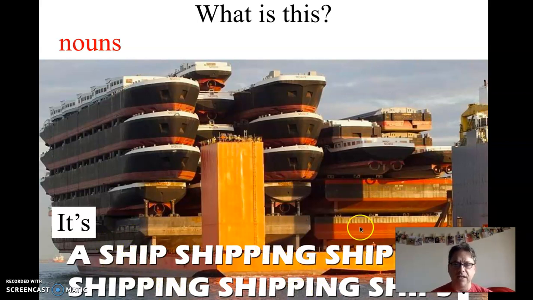So we have this, and we have this. But if we started this first part, we have an article here, which we will see in a second. And then these words coming after it. So that would probably tell us this is not a noun, because we wouldn't have noun or article, noun, verb to noun like this. And we do, sort of, but the main noun is going to be this ship.